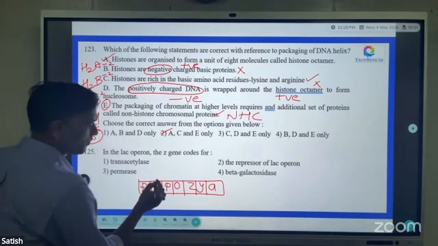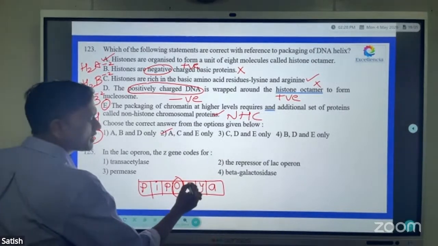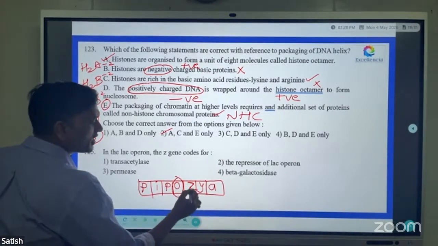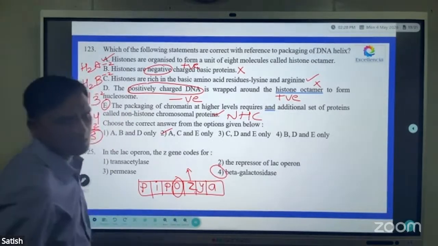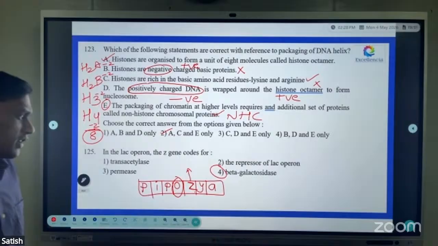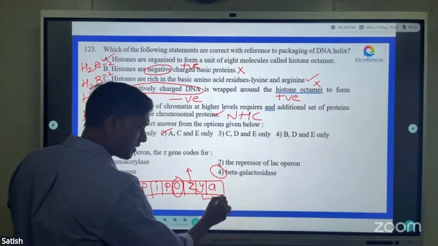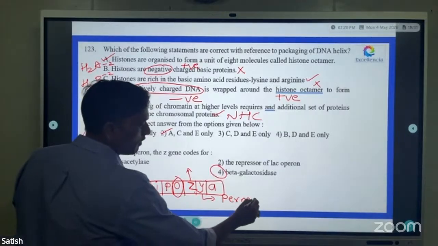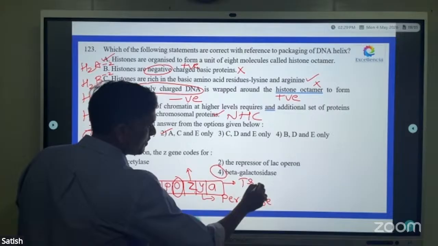Promoter, inhibitor, promoter, operator. So we can call these structural genes. The structural gene Z codes for an enzyme called beta galactosidase. Simple answer. Z gene codes for beta galactosidase. Y gene codes for permease. A gene codes for transacetylase.